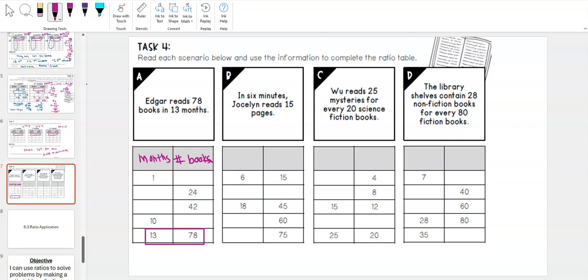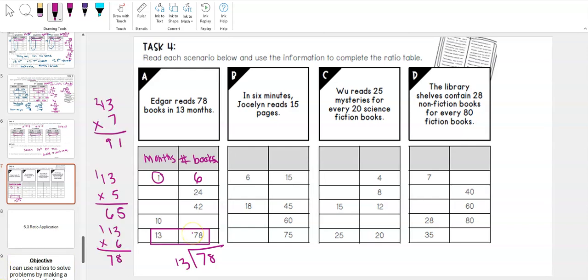So if it's 78 books for 13 months, I need to figure out how much for 1 month. So I would do that by dividing 78 by 13. So I ended up figuring out that 13 goes into 78 6 times. Now I can use that to figure out my answer. So to get from 6 to 24, I had to times 6 by 4.